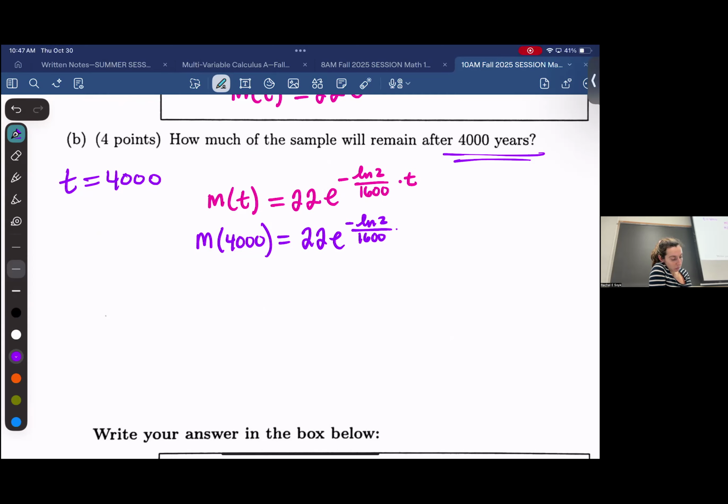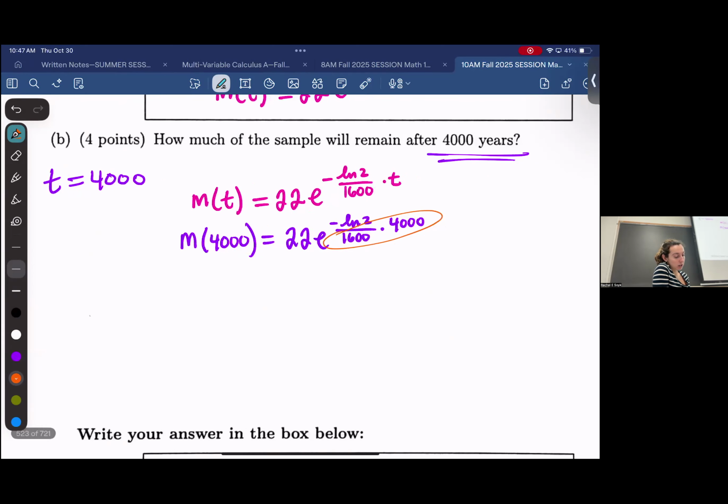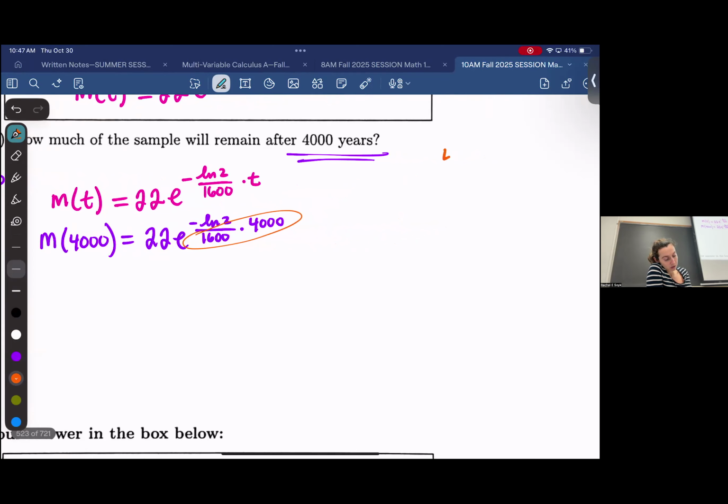And so we can't do a lot of simplification here, but we can still simplify a little bit. We can simplify that 4,000 divided by 1,600. Two zeros cancel out in the numerator and denominator. And then half of 40 is 20, half of 16 is 8.